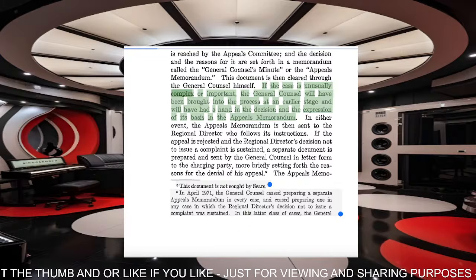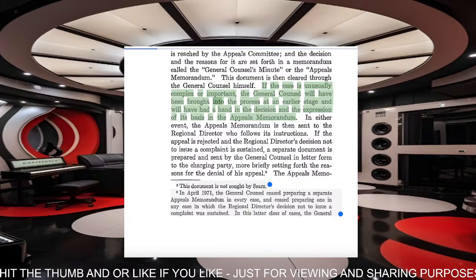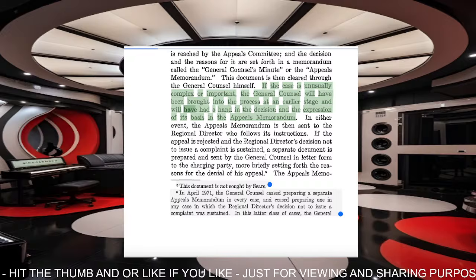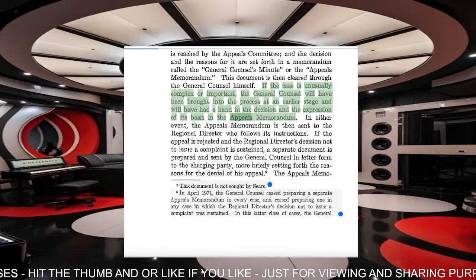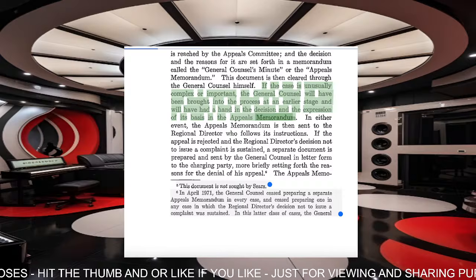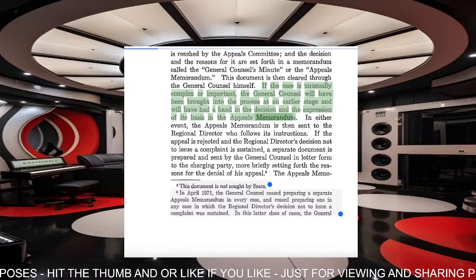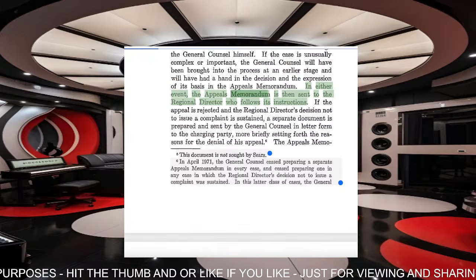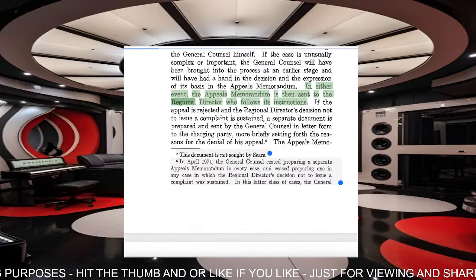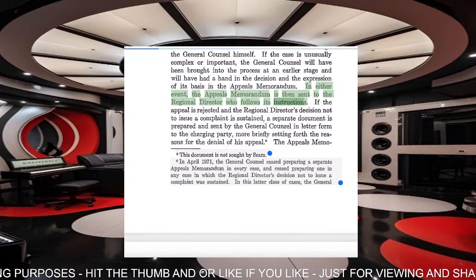If the case is unusually complex or important, the General Counsel will have been brought into the process at an earlier stage and will have had a hand in the decision and the expression of its basis in the Appeals Memorandum. In either event, the Appeals Memorandum is then sent to the Regional Director, who follows its instructions.